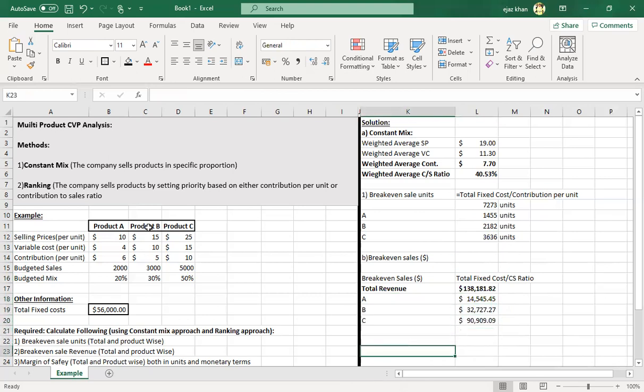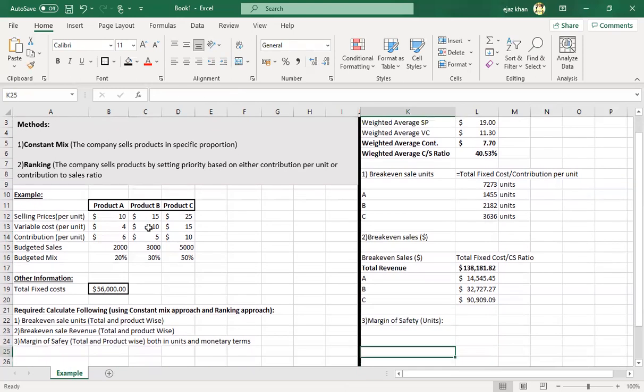Now, it's easy to find out the third requirement, which is to find out margin of safety, both in units and dollars. Let's first find out in units.